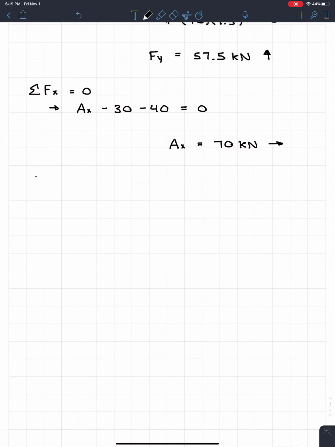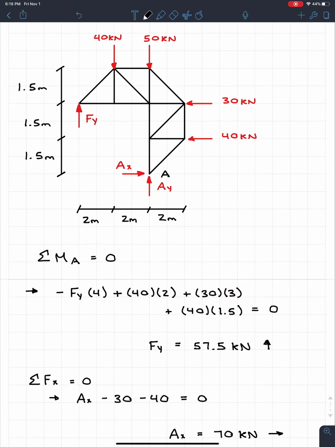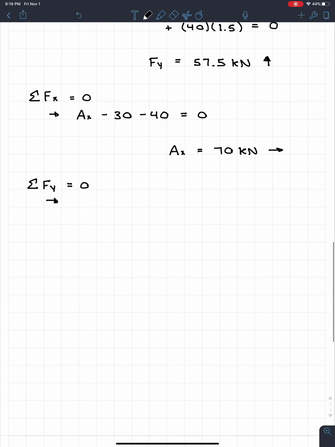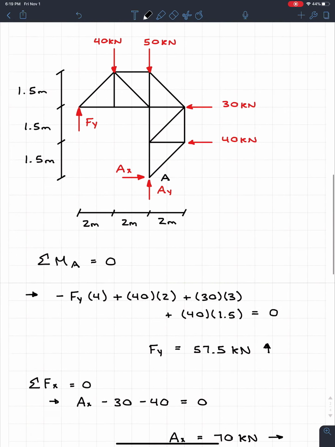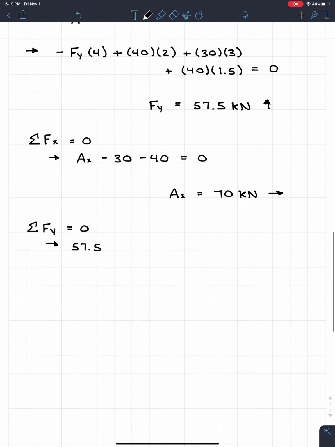And finally, we can wrap it up with sum of the forces in Y is equal to 0. And again, this is going to be a nice easier one. So if we look at our diagram and looking from the left and then move to the right, well, we got Fy going up. But we already know that Fy is 57.5. Coming back up to the diagram, we have 2 downward vertical loads of 40 and 50. So these will both be negative since they're downwards.